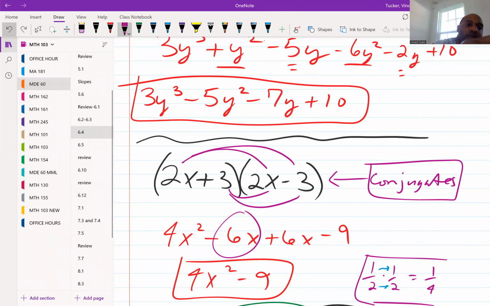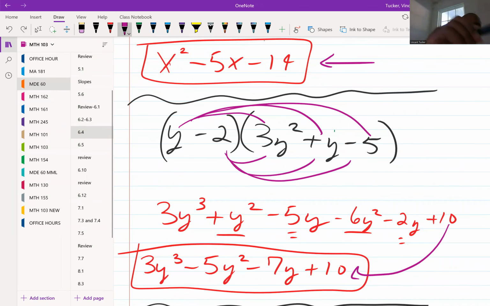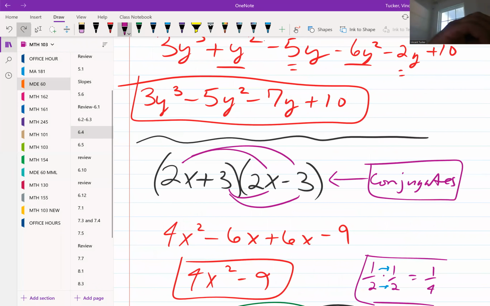So that will always be the case. 6x and -6x cancel in the middle, and that leaves you with 4x squared minus 9. Any questions?